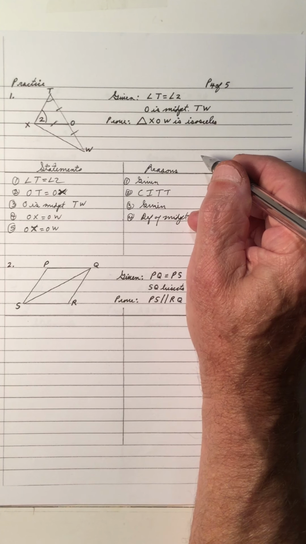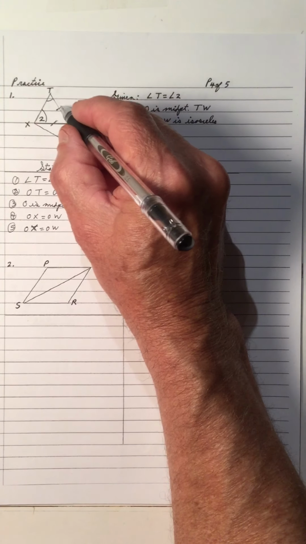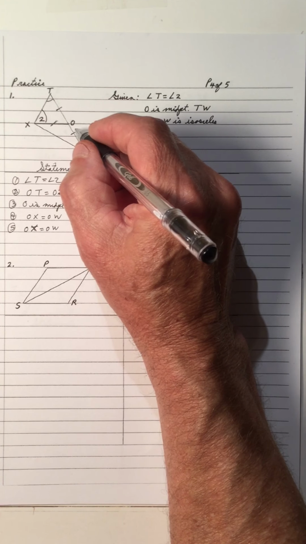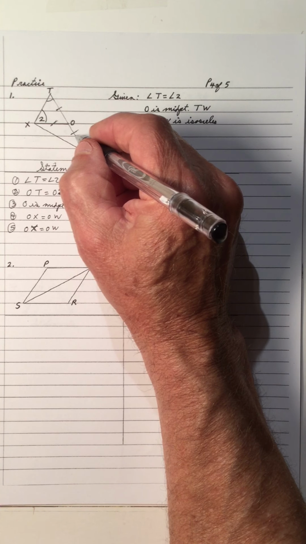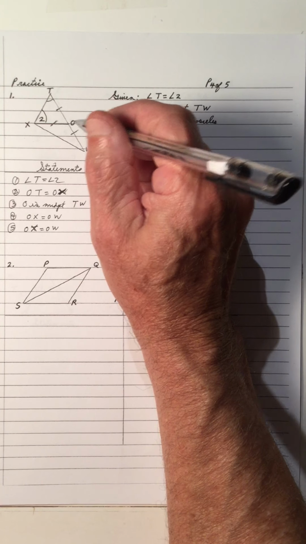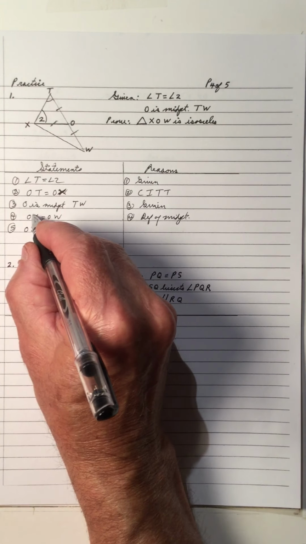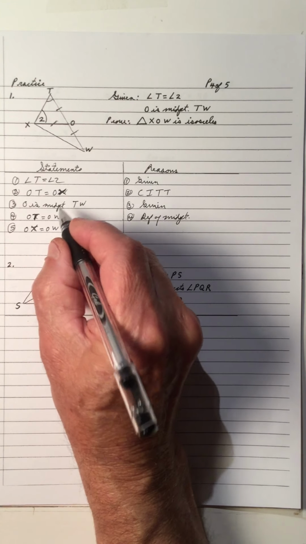No. One of those things where you lose it for a second. OT equals OX and OX equals OW. How can you say that? Oh. See, just a little mistake. OT equals OW.